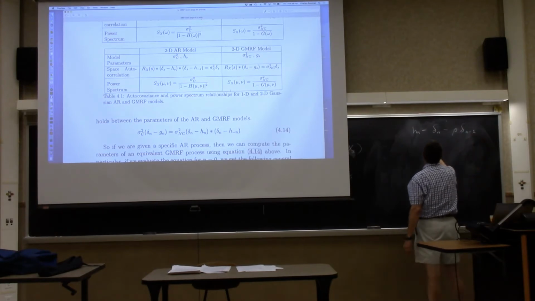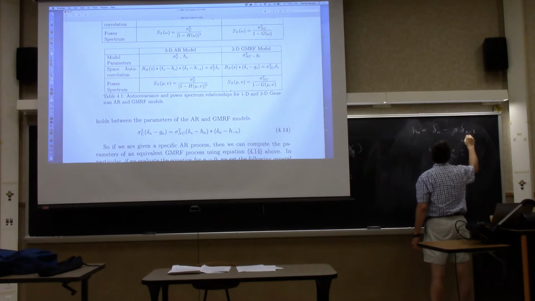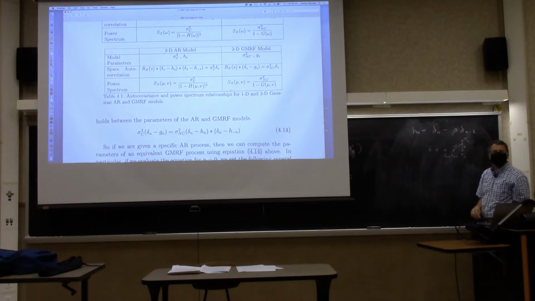That means that you have these inputs. This is x n, this is x n minus 1, this is x n minus 2, and this is y n. So you multiply this by 1, you multiply this by rho and subtract it. So the prediction is rho times the previous one. A typical case would be rho equals 0.9.